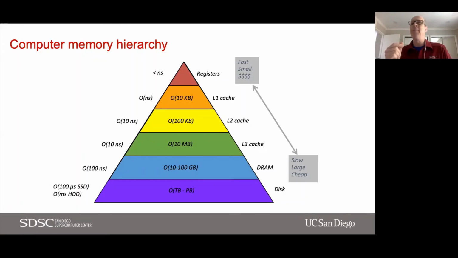I believe that register counts for modern processors are measured in the tens of registers, all the way down to the bottom of the hierarchy, which is storage: disks, hard drives, solid state drives, and maybe even tape archives. As we go up in the hierarchy, data access is faster, but it's also smaller and much more expensive.